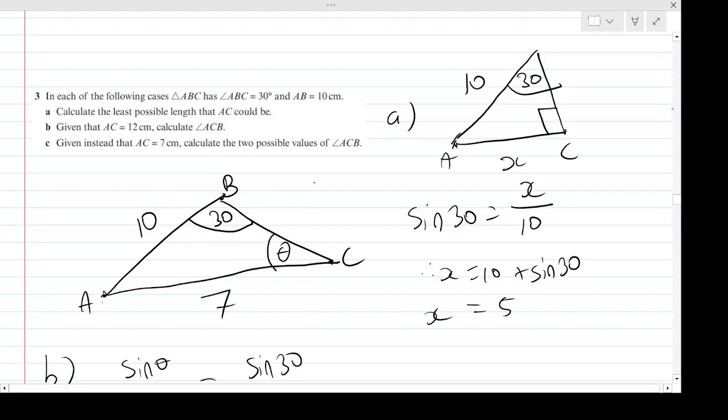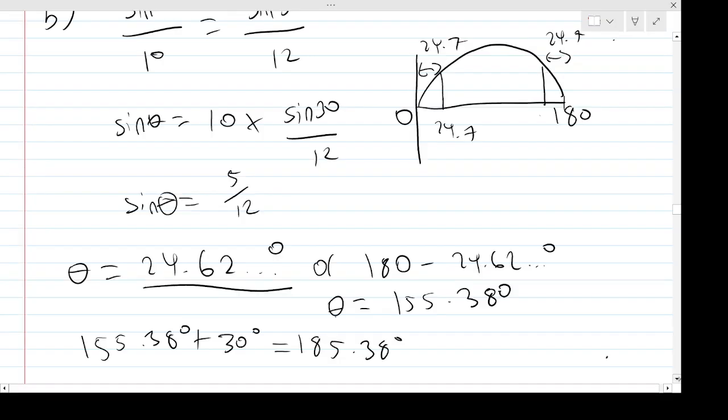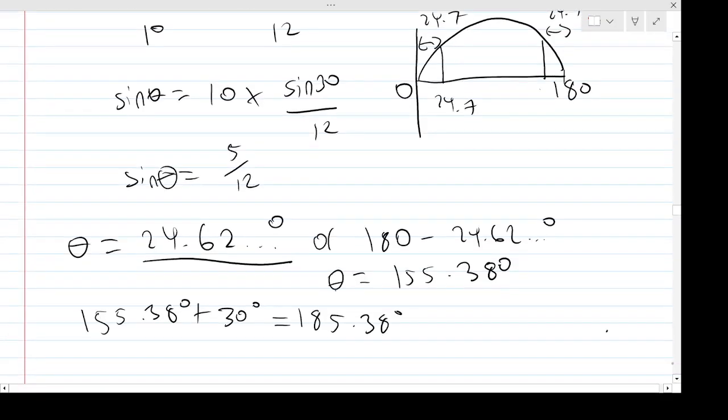Right, so the angles in this triangle, that cannot happen again, right? Because all three angles in the triangle must only add up to 180. I've gone above that. So therefore I only have one solution, which is indeed this 24.62.